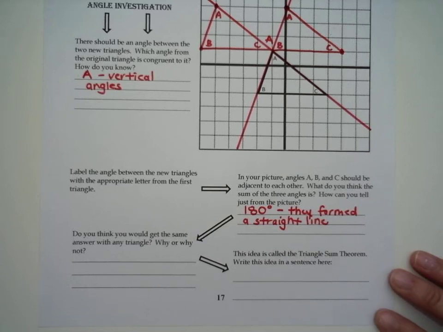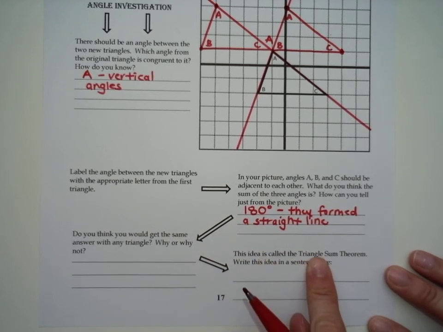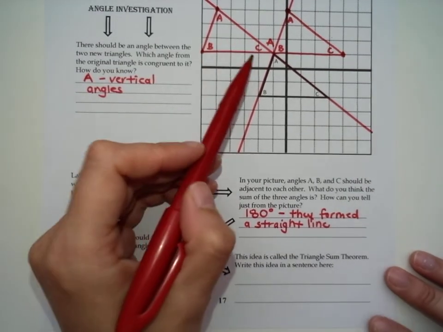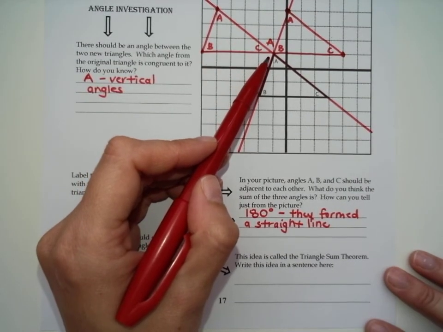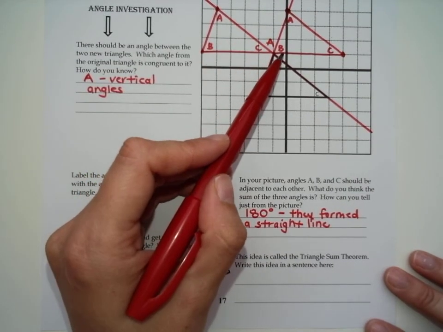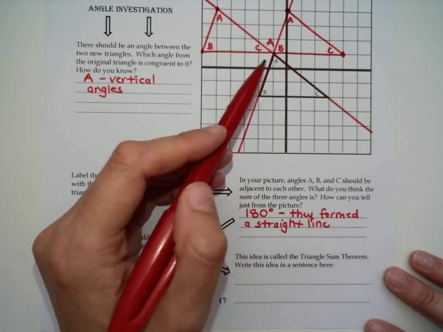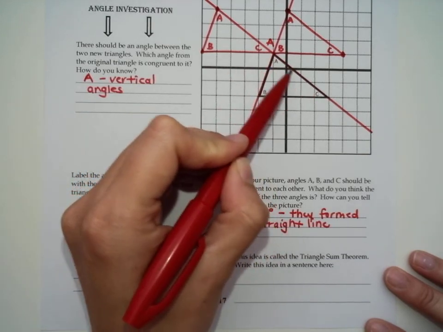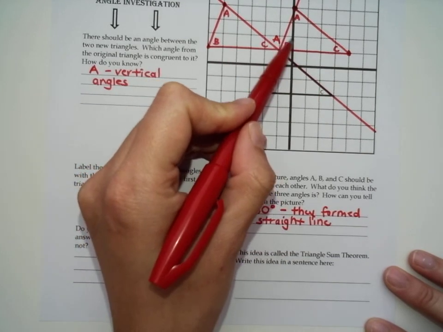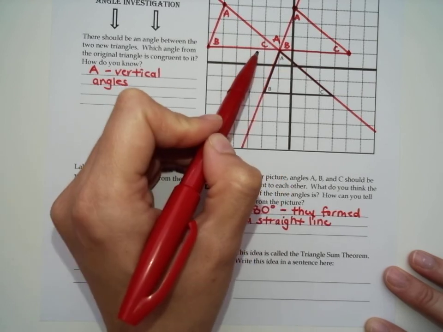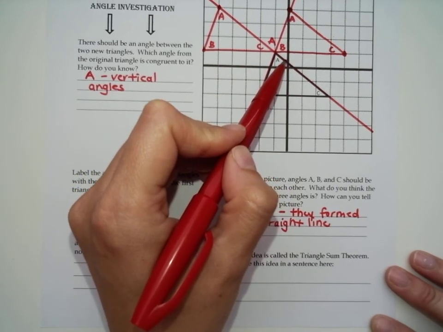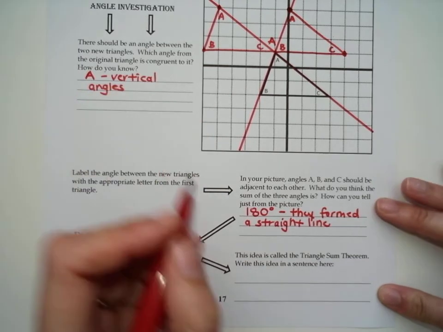Okay, so you may not have known it, but you just proved the triangle sum theorem using transformation. So we just completed our unit on transformations, and so we just used translations to prove that the three angles in a triangle always add up to 180 degrees. Okay?